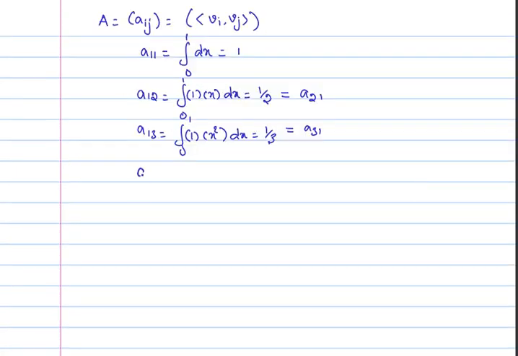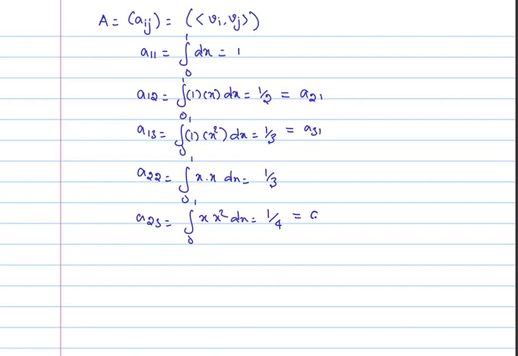Then we want to find A22: the integral from 0 to 1 of x times x dx, that is x square. If you integrate, you will get 1 by 3. A23 equals the integral from 0 to 1 of x times x square, so you will get 1 by 4.